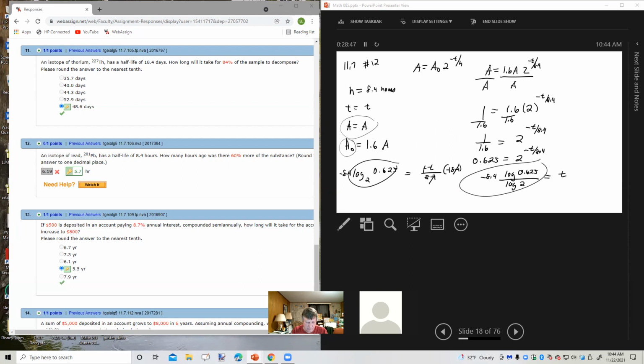Divided by log of 2 equals 5.6958, and then it goes on and on, but it says round answer to 1 decimal place. So that would be there, but the 9 would round up, so 5.7. Oh, it's not years, it's hours, isn't it? 5.7 hours, which is the answer right there.